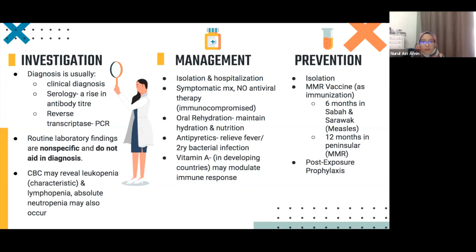We can give antipyretics to relieve the fever, or also give vitamin A in developing countries that may modulate immune response, because vitamin A has shown, and is also suggested by WHO, to improve the infant's outcome. So the prevention, most importantly, is the MMR vaccine.